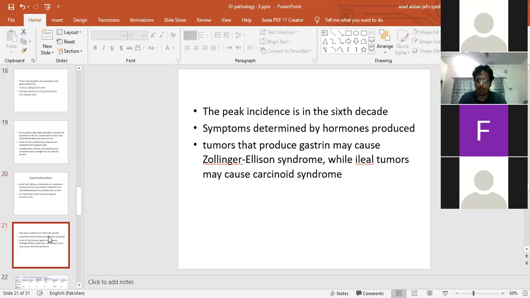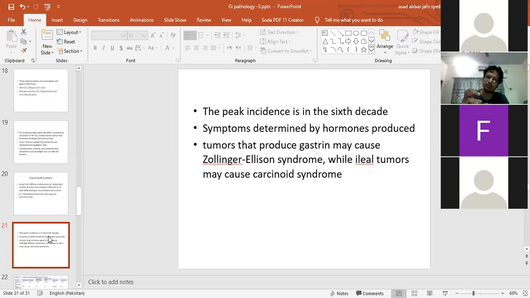Symptoms are determined by the hormones that are produced. So if the tumor produces gastrin, the patients will present with peptic ulcer disease or Zollinger-Ellison syndrome. Sometimes the tumors rarely can produce other vasoactive peptides, so they may produce diarrhea or other symptoms.